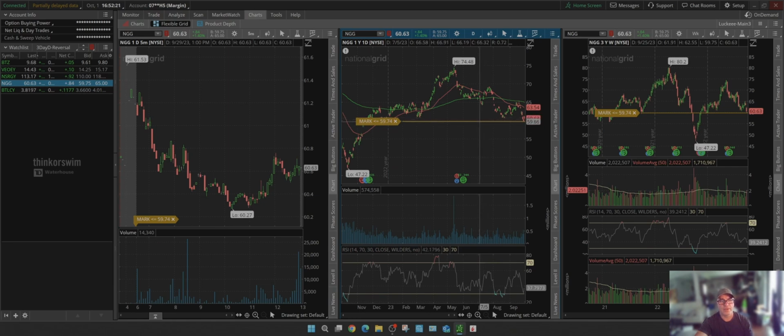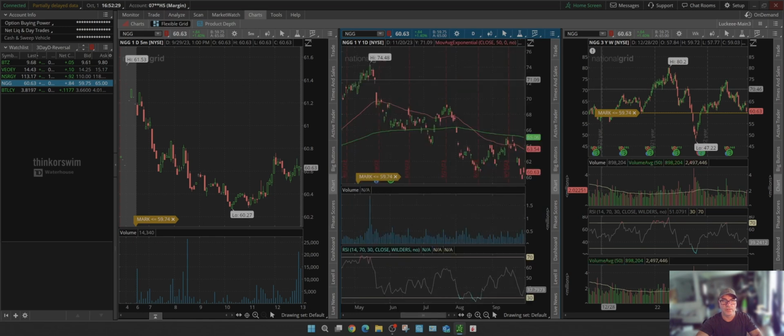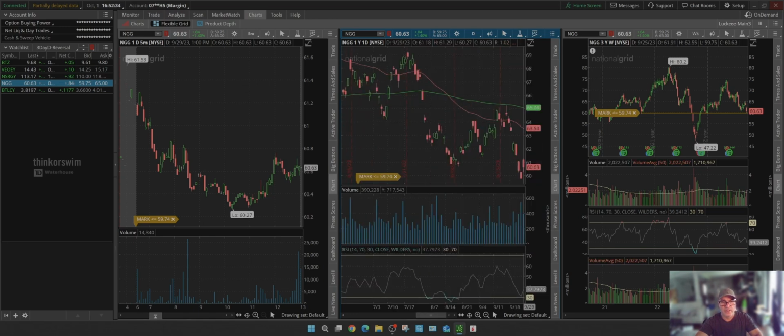So I think the risk-reward ratio is pretty good, because even if you buy a small amount like 100 shares, you're trying to make $500, but you lose $100.